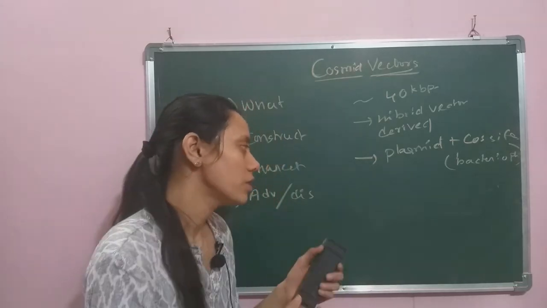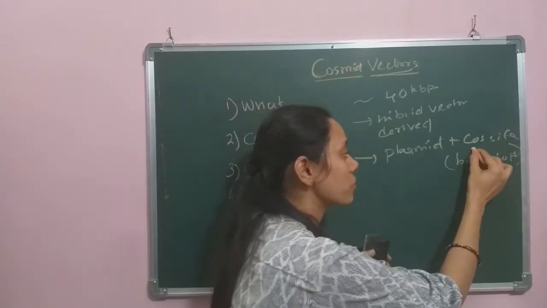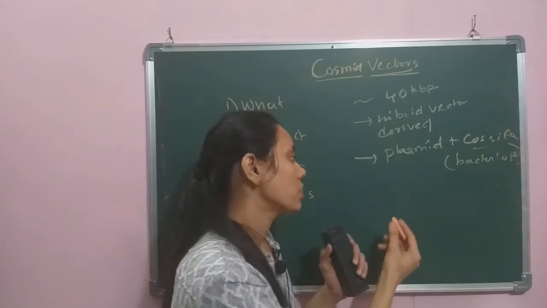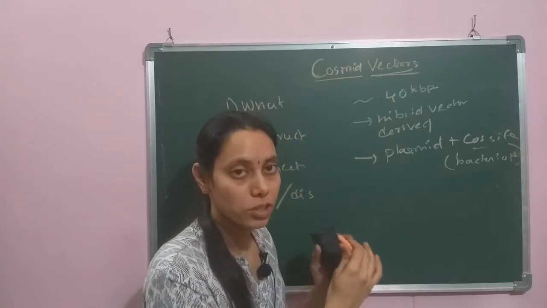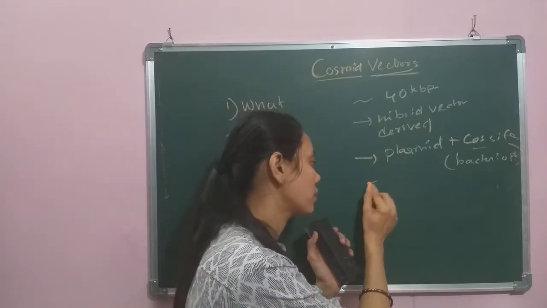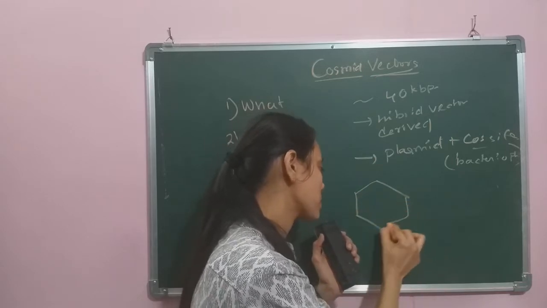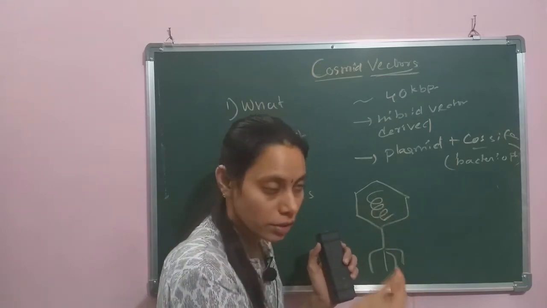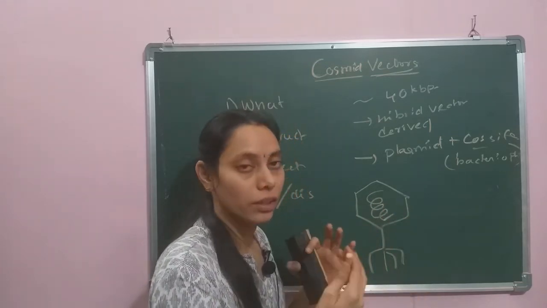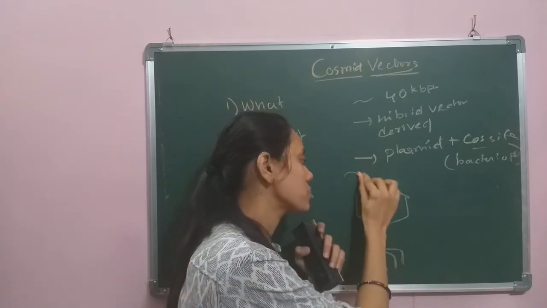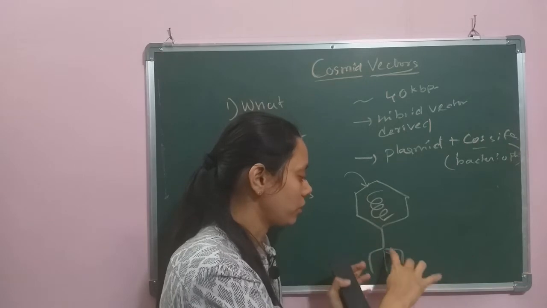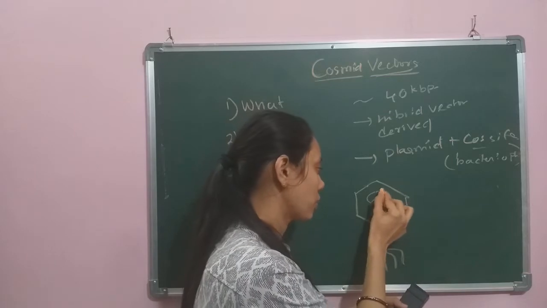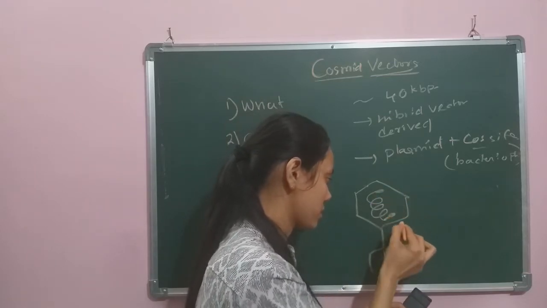So how is this possible? It is because of the presence of cos sites, which are a very small portion of the cosmid vectors. These cos sites are obtained from the bacteriophage DNA. Let us consider a bacteriophage containing a linear DNA in it. If the DNA is to be packaged into the protein coat of the bacteriophage, it needs to have some characters like cos sites.